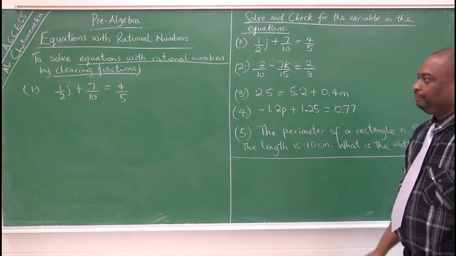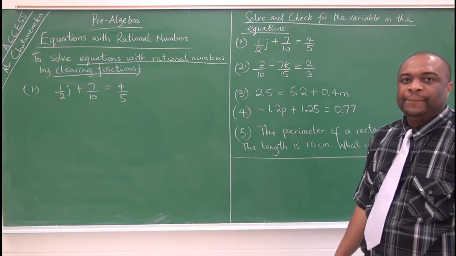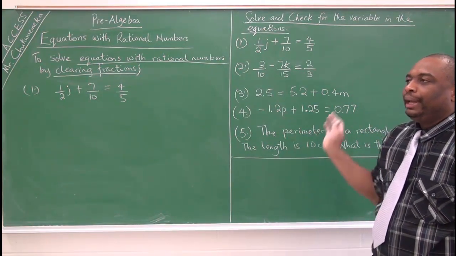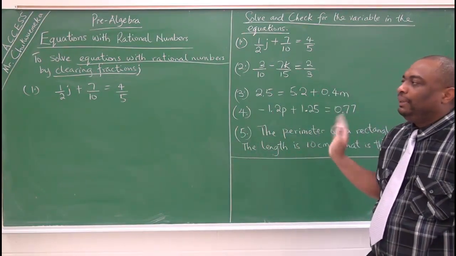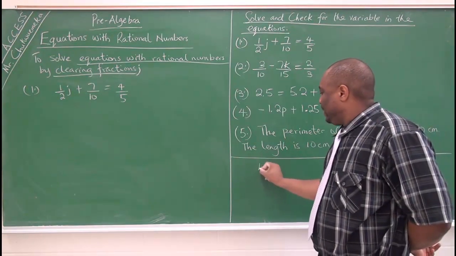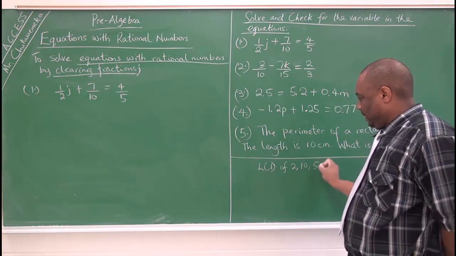We've talked about that before. Now, the denominators are 2, 10, and 5 on the left-hand side and the right-hand side. So we want to find the LCD of 2, 10, and 5.